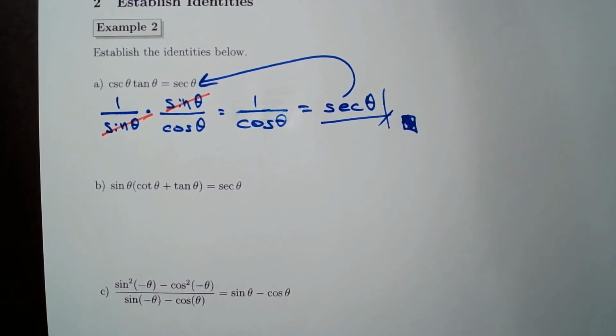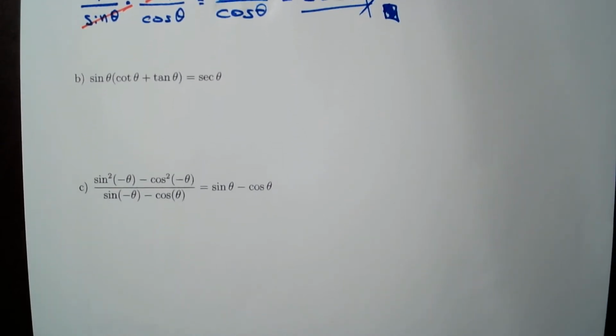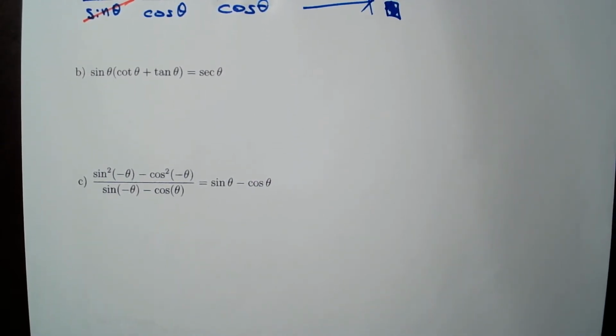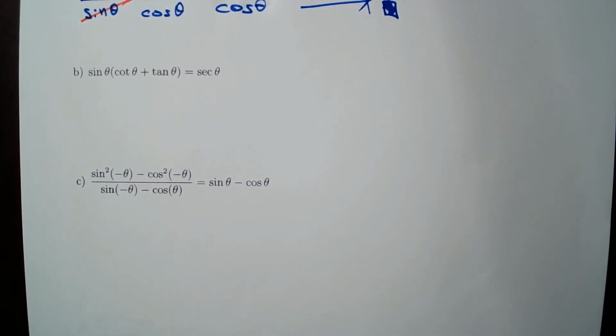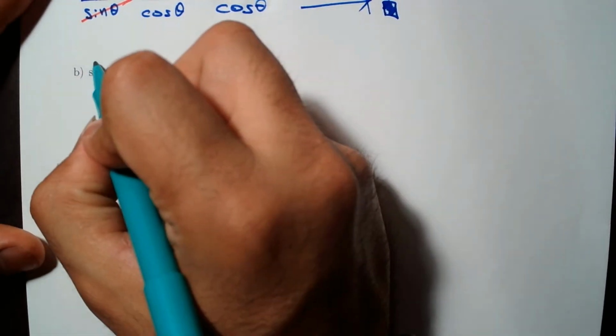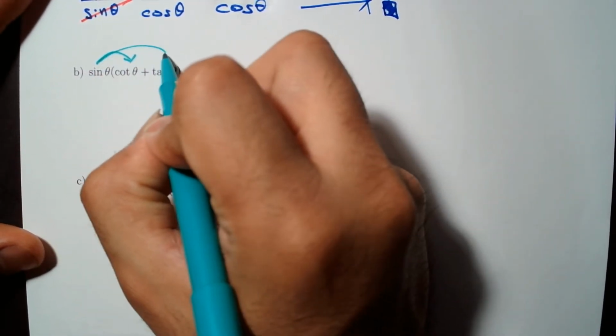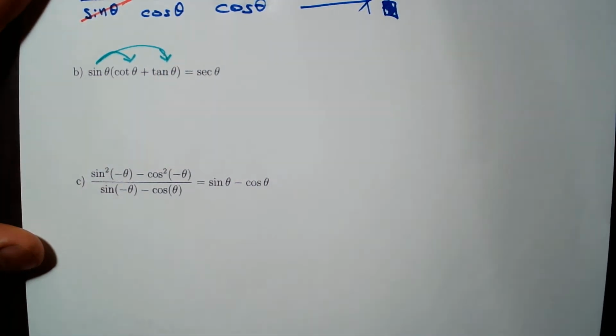Let's do another example. Letter B: sine theta times cotangent theta plus tangent theta. The first thing I can think of is to distribute and see if that takes us anywhere.